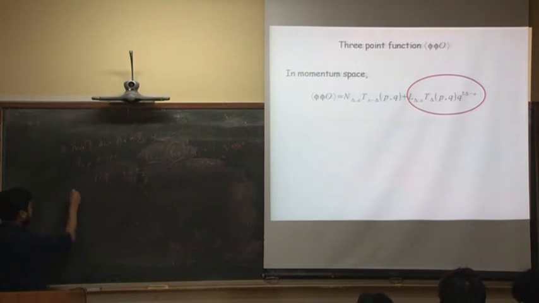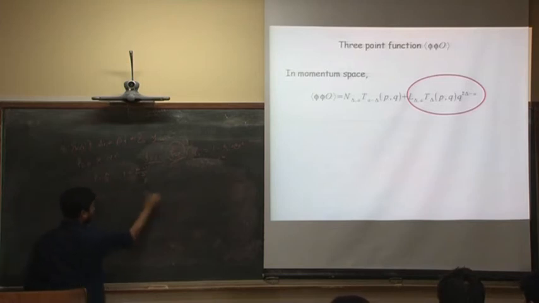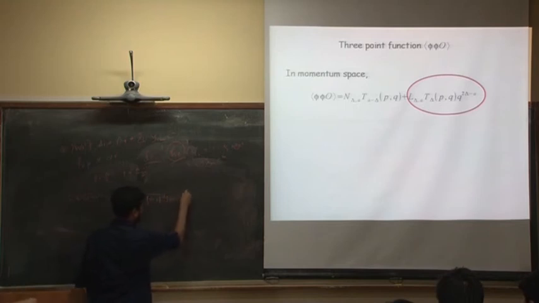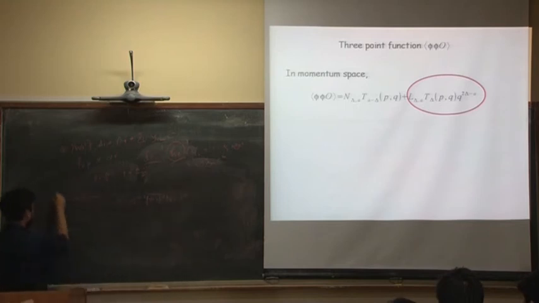So this is phi O in position space, right? So this is phi i, phi j, and O, and here I used the conformal invariant 3-point function, which is phi of x minus y to the power delta minus e, and then there is y minus z to the power e, and then there is x minus z, and then I'm Fourier transforming this part.